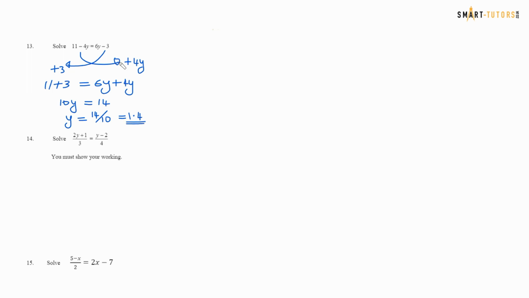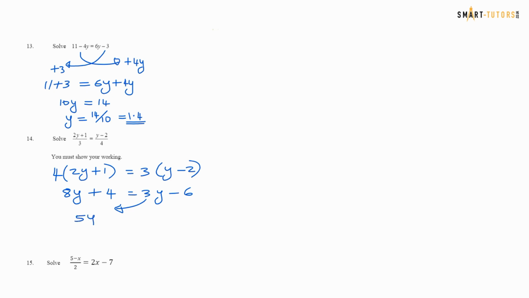Question number 14, again solve and find out the value of y. I'm going to do the cross multiplication. So 4 is going to be multiplied by 2y plus 1, and 3 is going to multiply y minus 2. So expand the brackets: 8y plus 4 equals 3y minus 6. 3y goes to the other side, minus 3y.